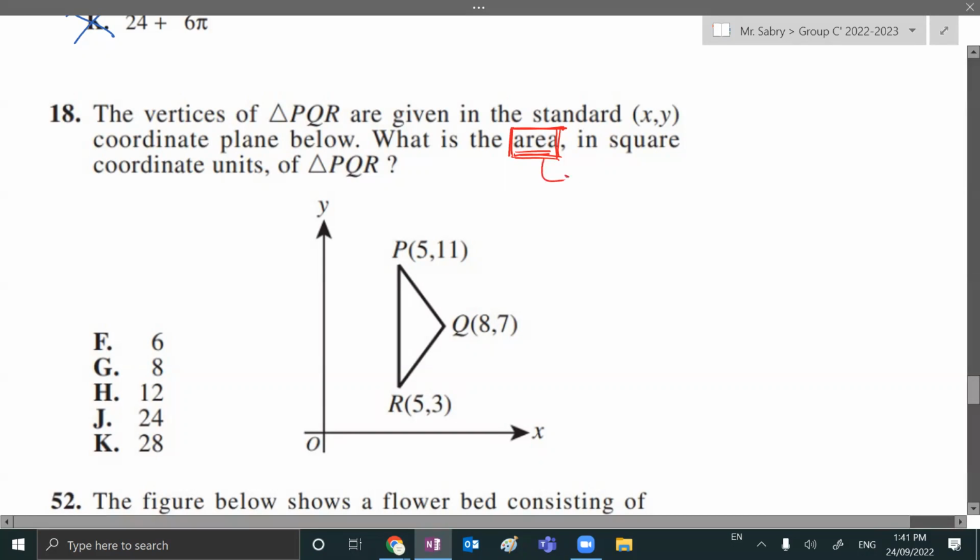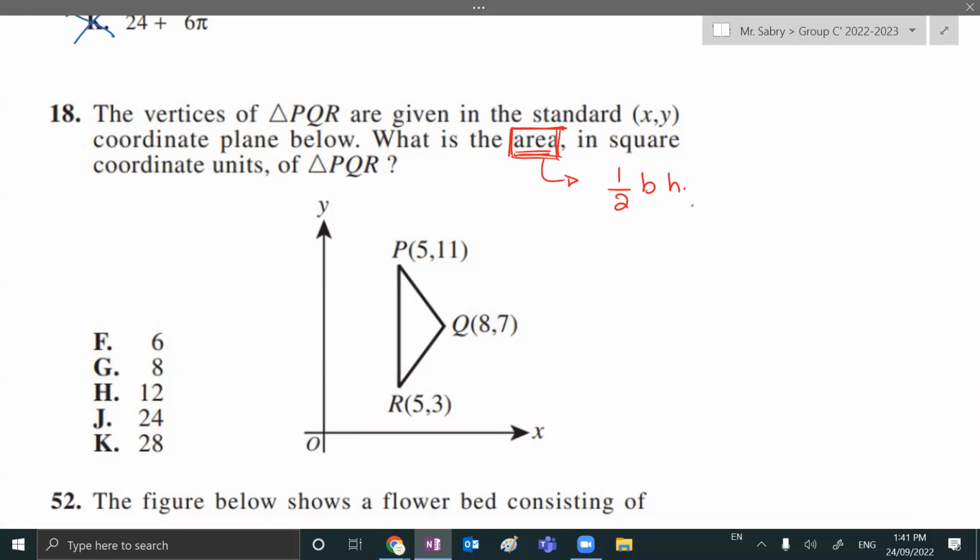Whenever we read the area of a triangle, we think of the rule, which is half times base times height. And you just have to think, what's the base of the triangle? So again, someone who couldn't get it right, would you please help me through how did you think about it?